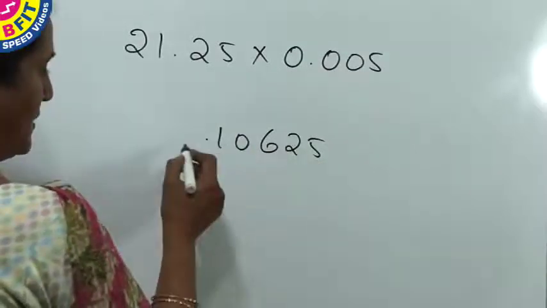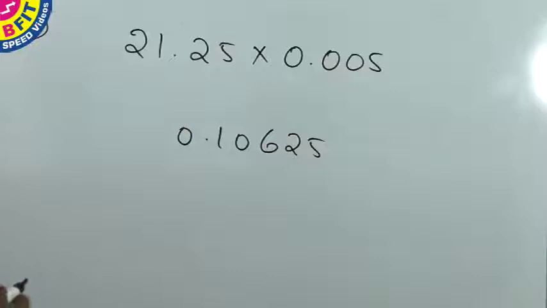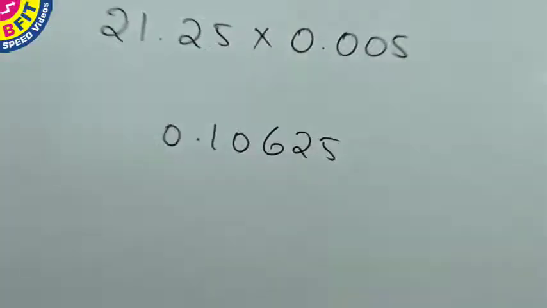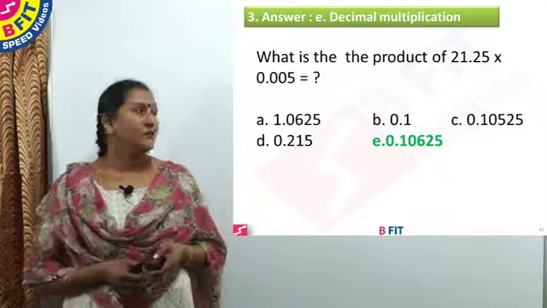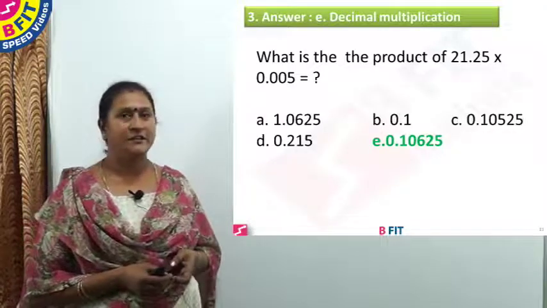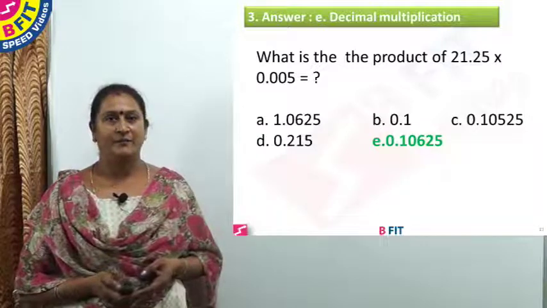Place the decimals in the first. So the answer is 0.10625. And the answer for question number 3 is option E.